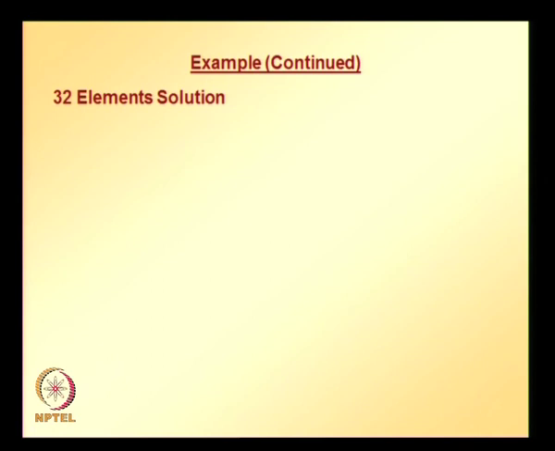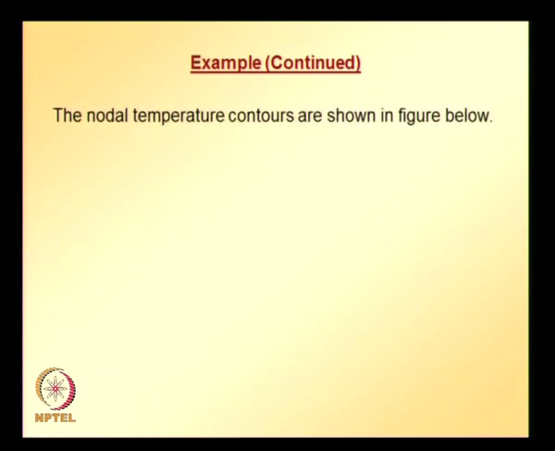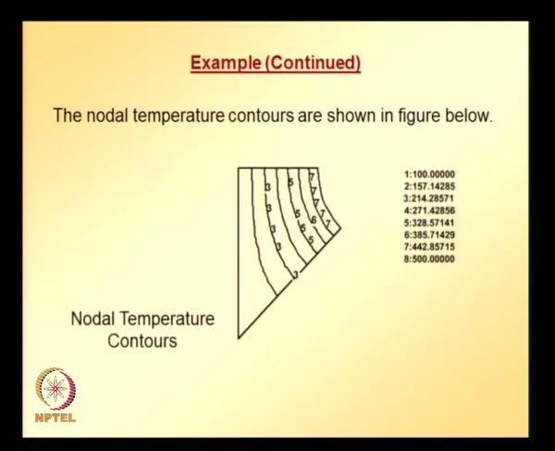Sorry, it should be 72, instead of which it is typed as 32. The 72 element mesh is shown here, and the nodal temperature contours for the 72 element solution are given in this figure. If we compare these solutions with 8 elements, 32 elements and 72 elements, we can clearly see convergence of the solution both for temperature and heat flux values.